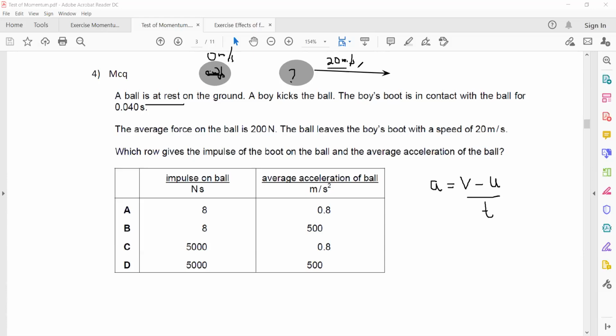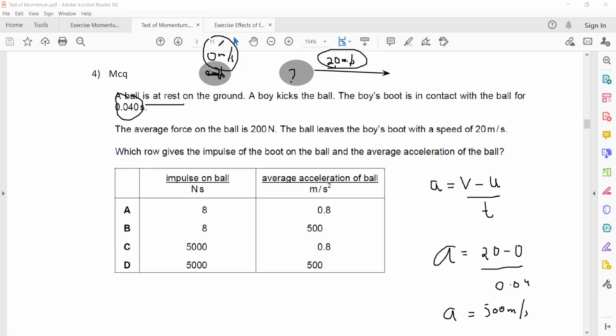The final velocity is 20. The initial velocity is 0 and the time interval is 0.04. So acceleration is 20 minus 0 divided by the time interval, 0.04. So 20 divided by 0.04, what's the answer? 500. So acceleration is 500 meter per second square.